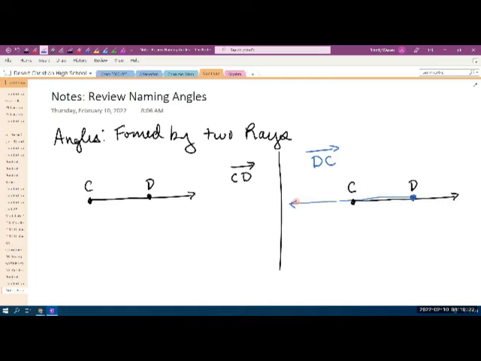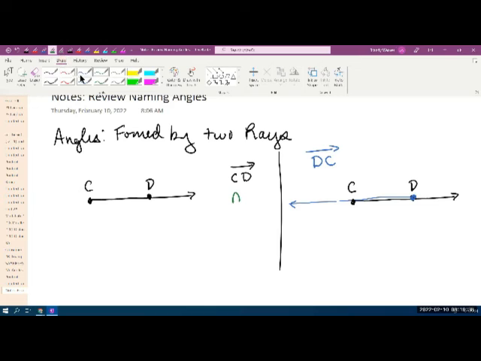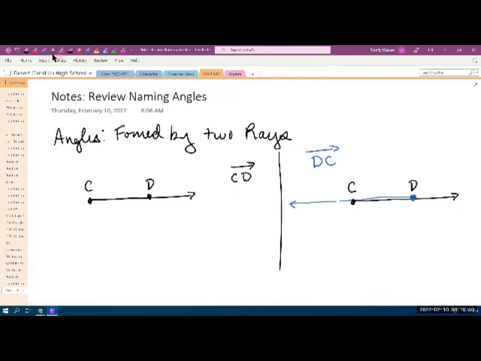It's important. All right, someone give me a 3rd letter. A. All right. So I'm going to write another ray, and this is going to be the ray CA.